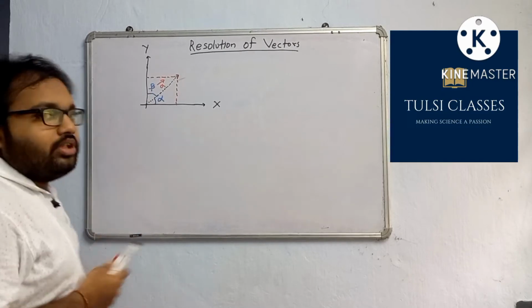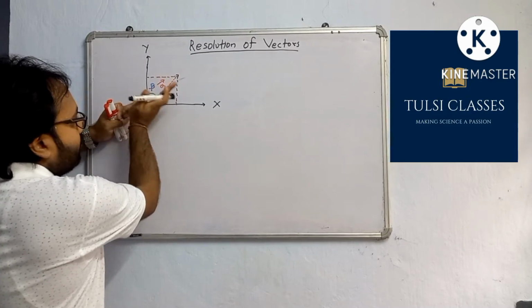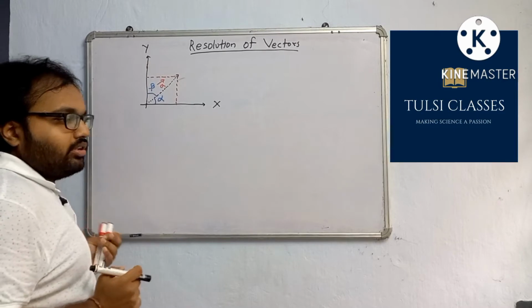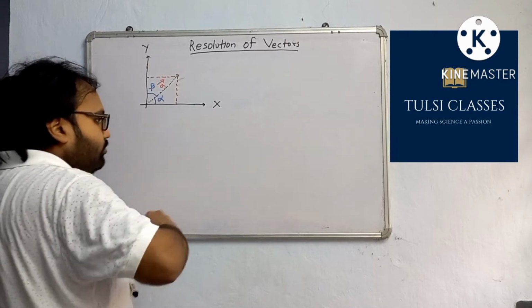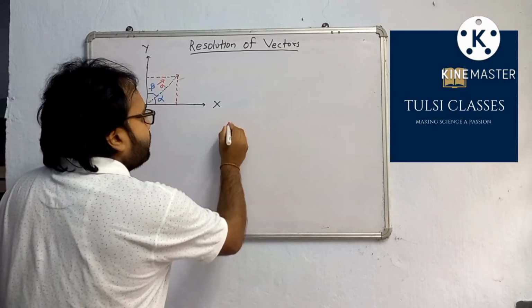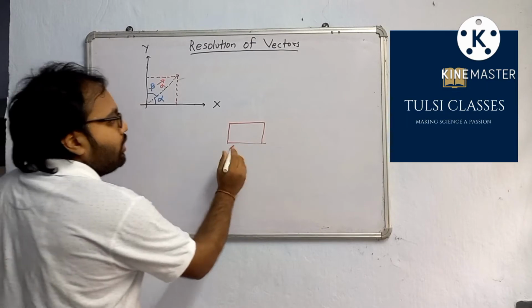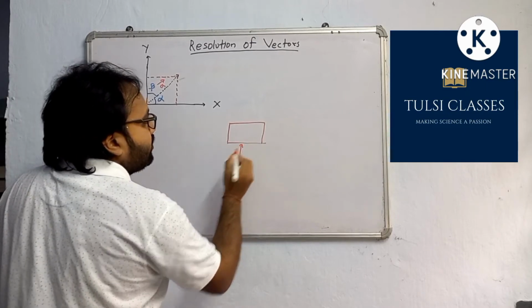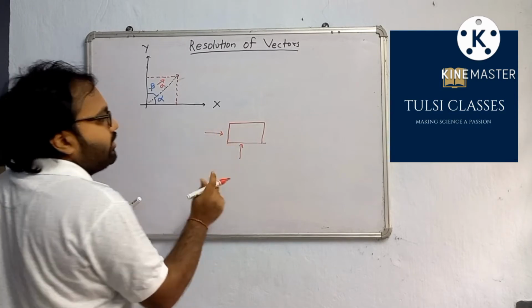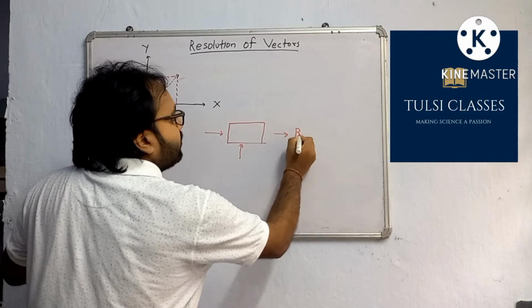Now what is the meaning of resolution? Resolution means this vector will have some component in the horizontal direction and some component in the vertical direction. Like if there is a notebook placed on a table, and you push it in this direction, while your friend pushes it in the horizontal direction, suppose horizontally rightwards.